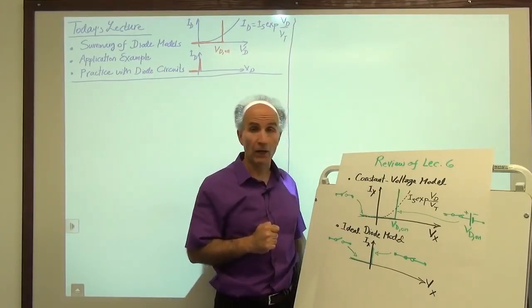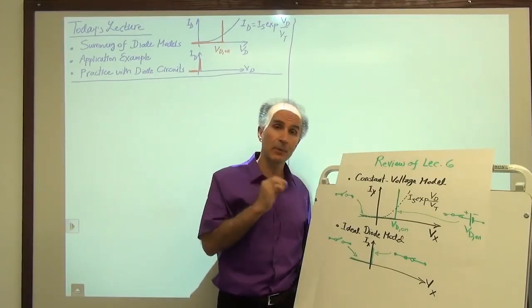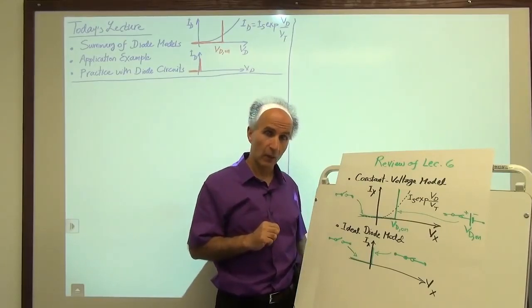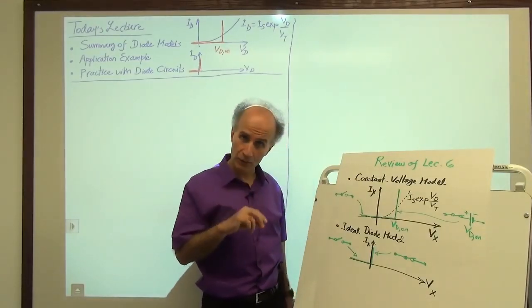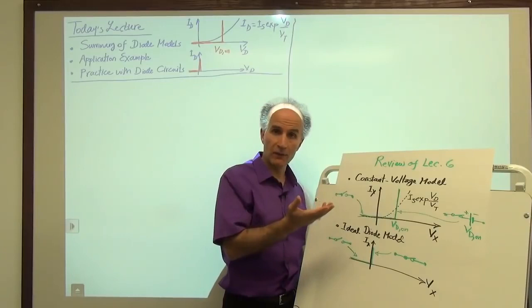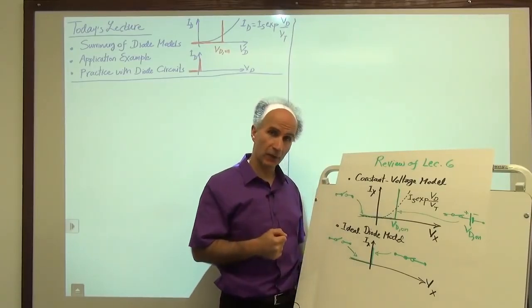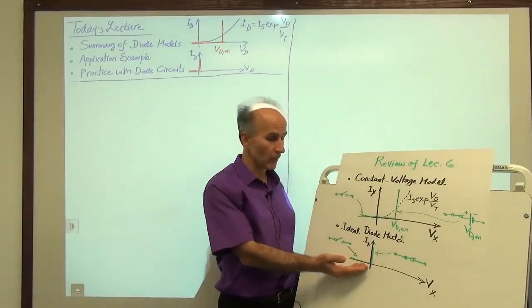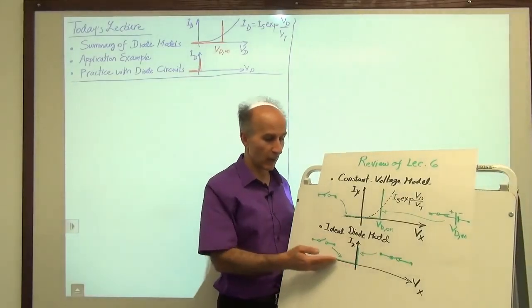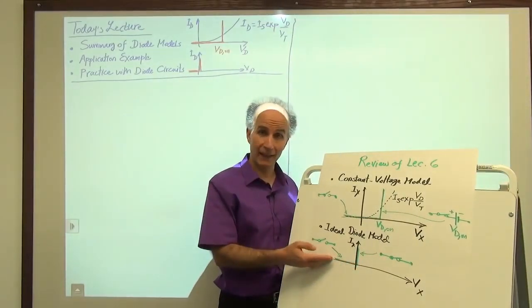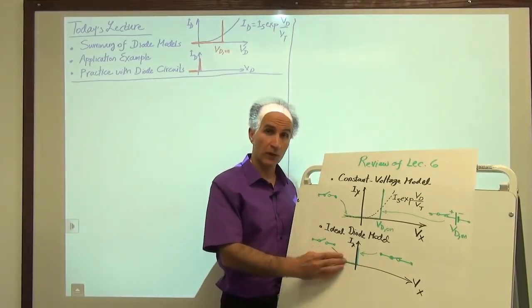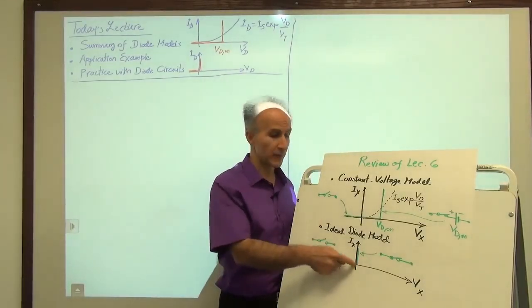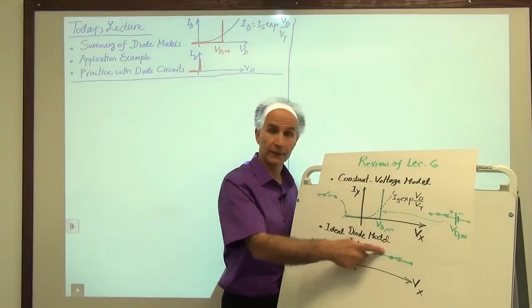Now there exists an even simpler model for the diode, one that passes, so to speak, positive voltages and blocks negative voltages. In this case, the diode is off if the voltage across it is negative, and as soon as the voltage wants to become positive, it turns on and becomes a short circuit.